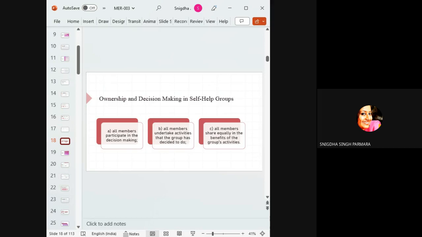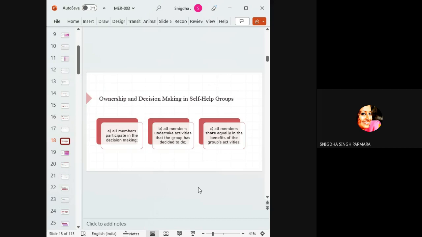A group of members with common interest form a self-help group wherein they help each other, and in that process they help themselves. So what happens in a self-help group? All members participate in decision making.